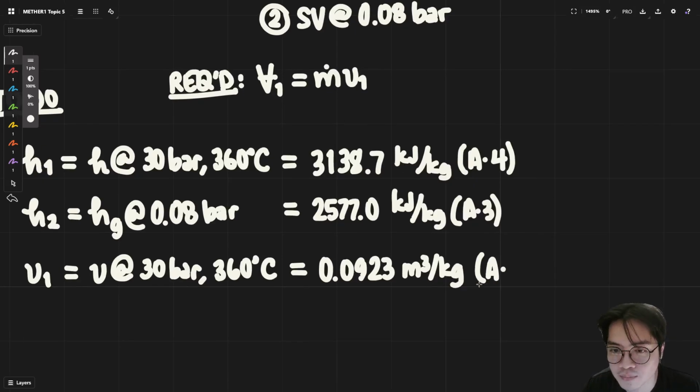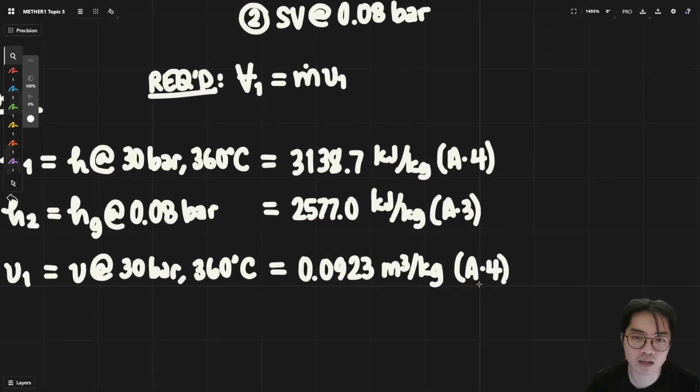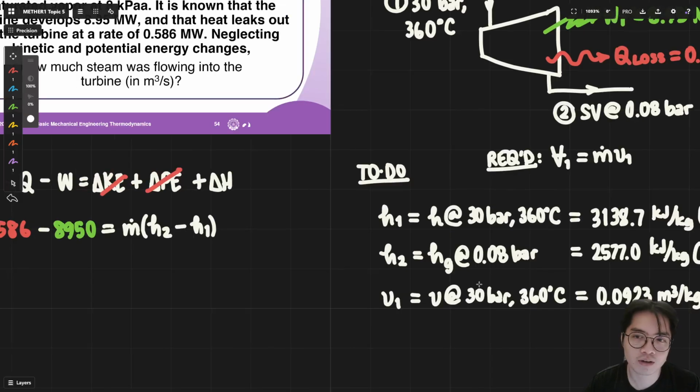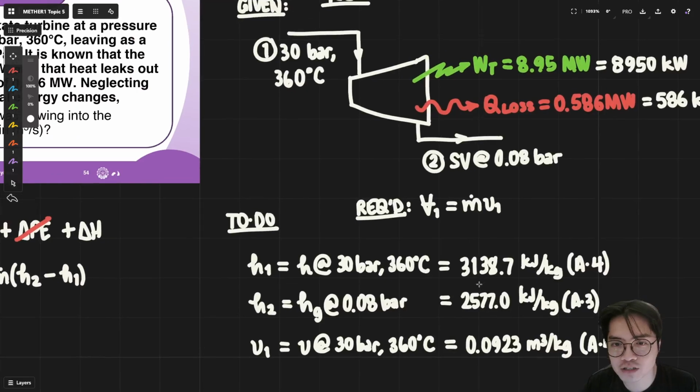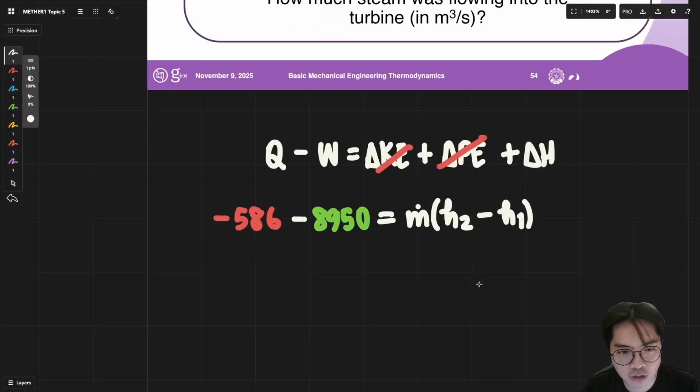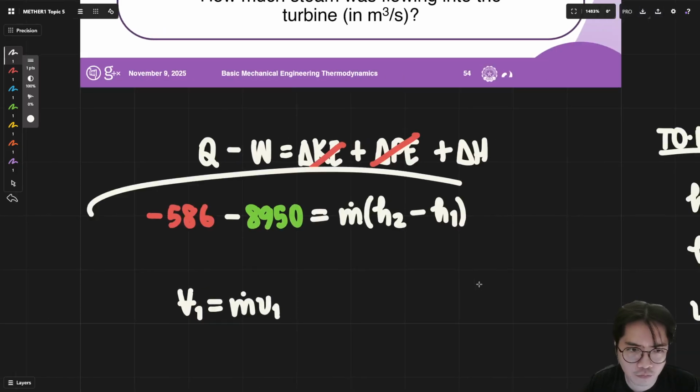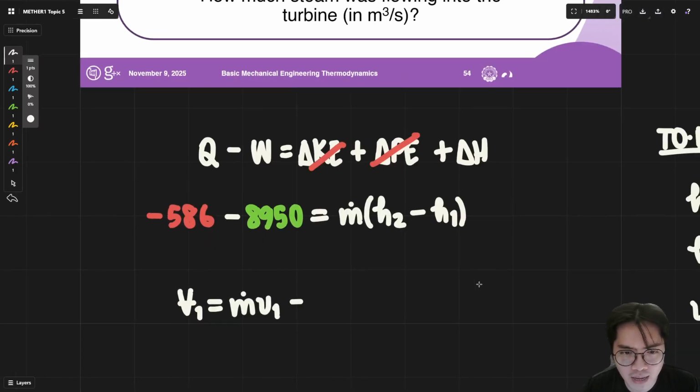This is now from table A4 as well. And so, honestly, if you are very lazy, like I am, you can already get to the answer, which is your V dot 1. Your V dot 1, in this case, is m dot times v1. You already know the value of v1, and you can back solve for your m dot from here directly.